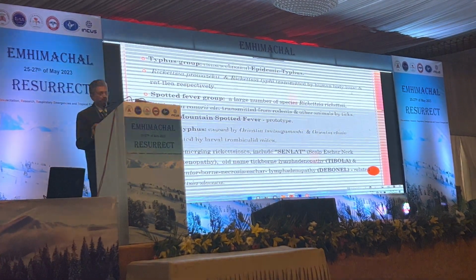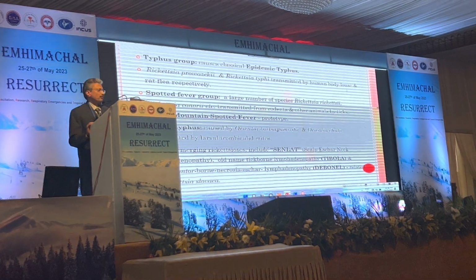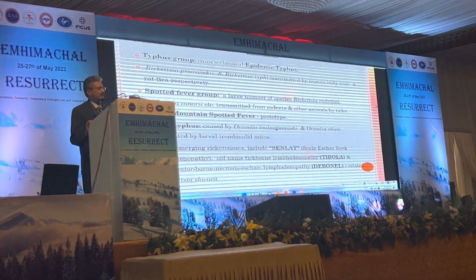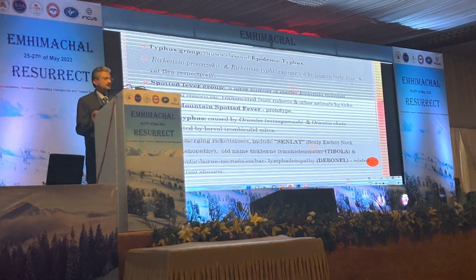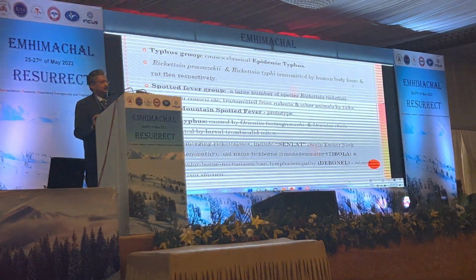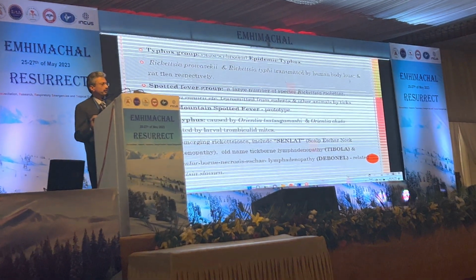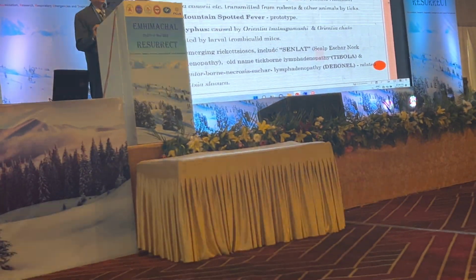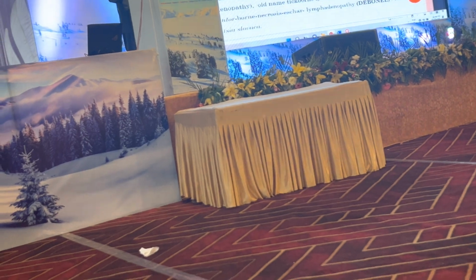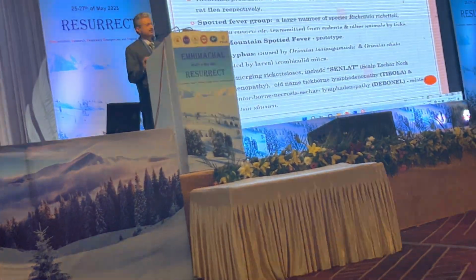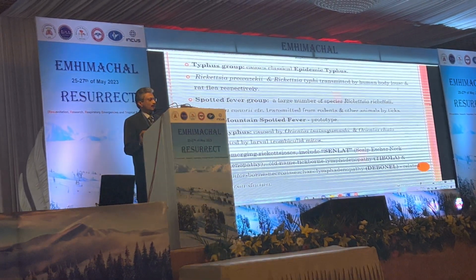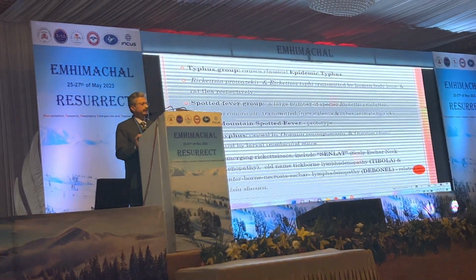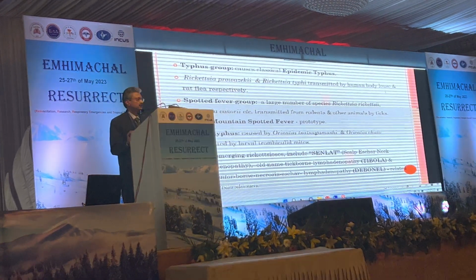Rickettsia rickettsii is the main prototype described, and then Rickettsia conorii. These are transmitted from rodents and other animal ticks. Rocky Mountain spotted fever is, of course, the most studied. The third one is scrub typhus caused by Orientia, transmitted by the larval form of the trombiculid mites.